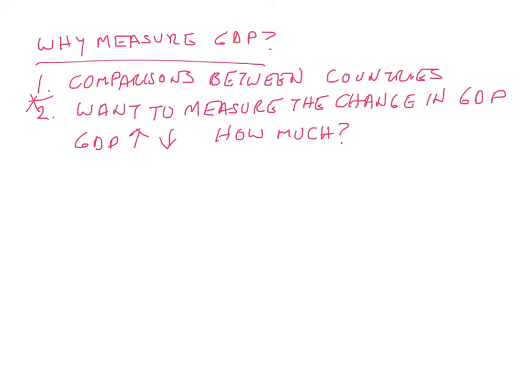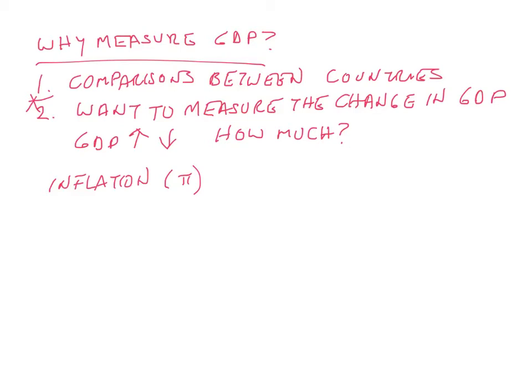Now, one of the biggest problems with GDP numbers is inflation. Inflation causes a lot of problems in trying to measure GDP. Inflation, I'll abbreviate it with pi, is just the general increase in prices in the economy. Deflation is the opposite, a general decrease in prices in the economy. Now GDP, remember, is measured in monetary terms about what is produced, so it's a real problem if prices change.